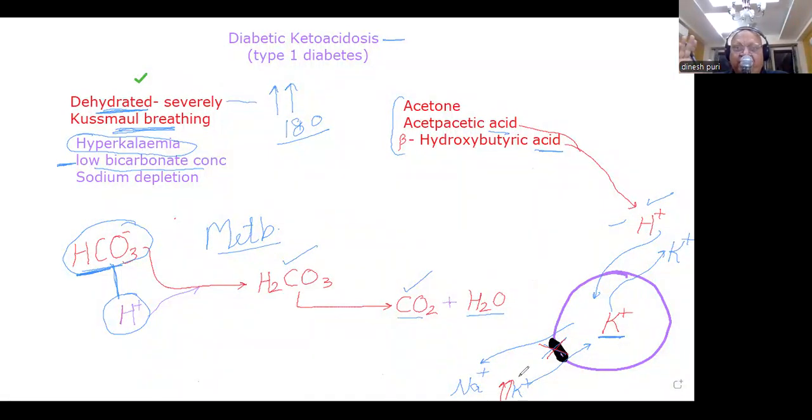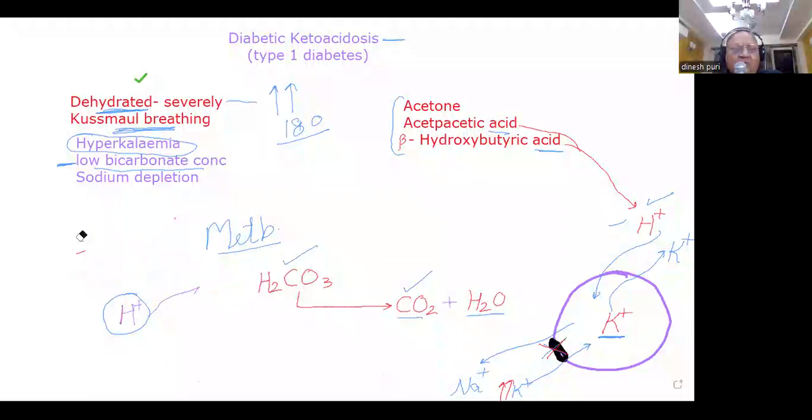But fortunately, insulin moves not only glucose into the cell, it also moves potassium into the cell. So when you start insulin therapy, not only hyperglycemia but hyperkalemia will also be relieved. So that is a positive feature.